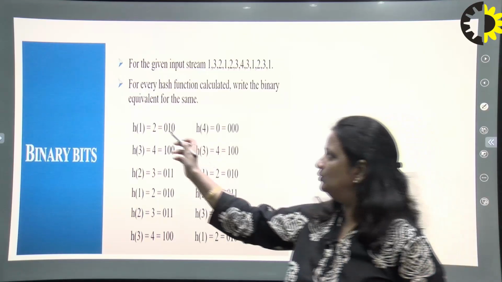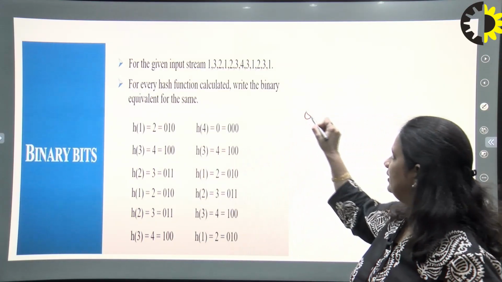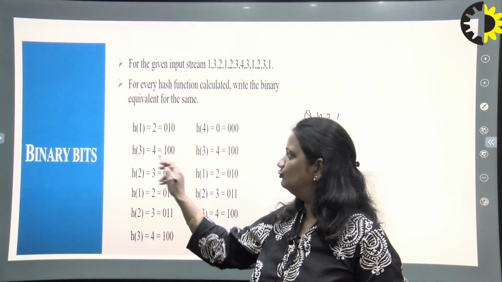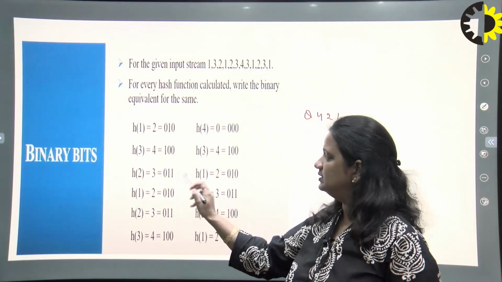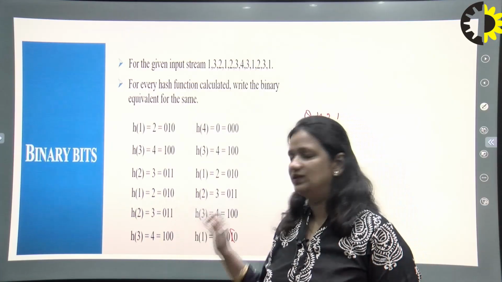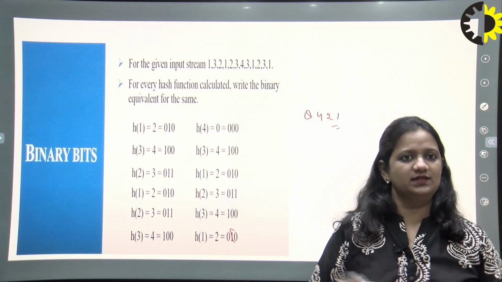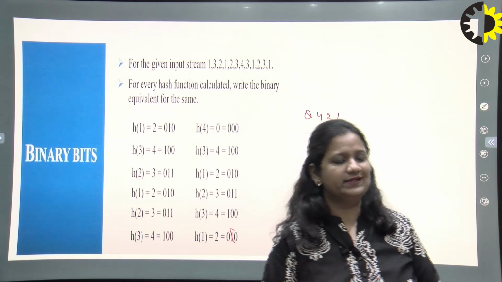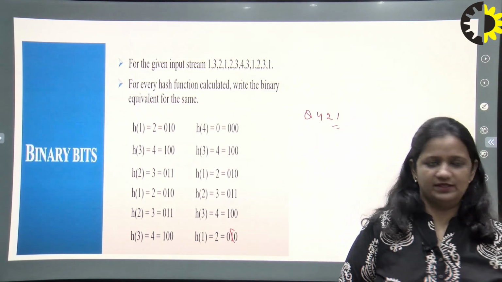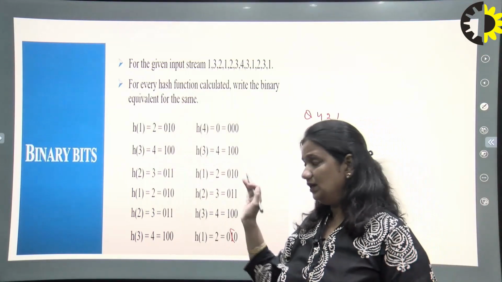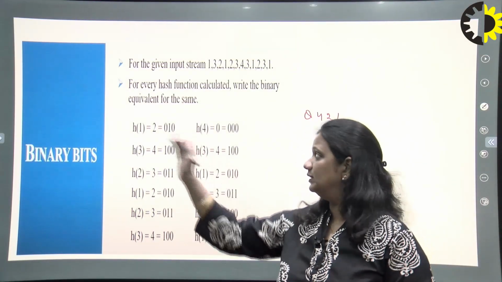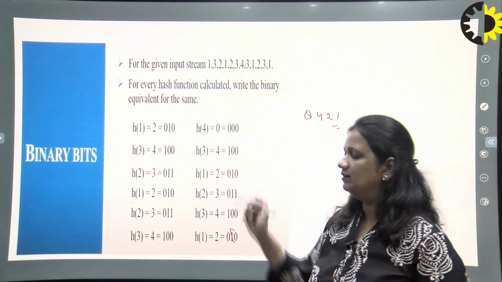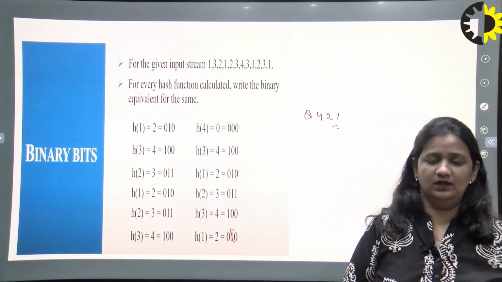So the value of 2 is 010 according to the 8421 format. 4 is 100, 3 is 011, 2 is 010, and so on. The second step is to convert the decimal number into a binary number system. So, by the conversion procedure, we convert the decimal number system into binary number system. So, these are the values in the second step.